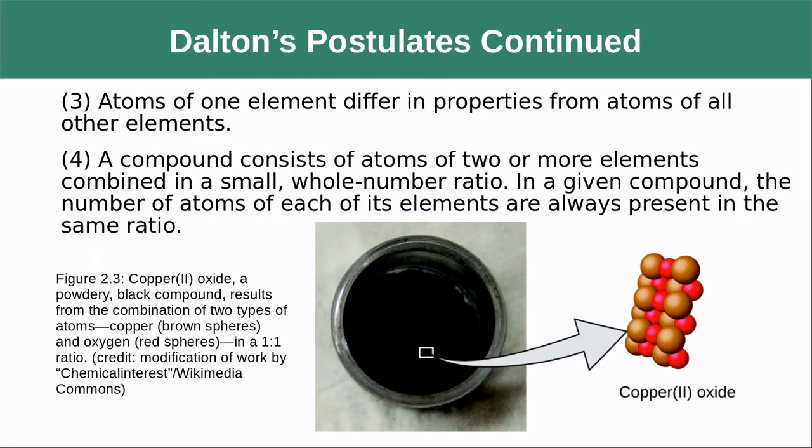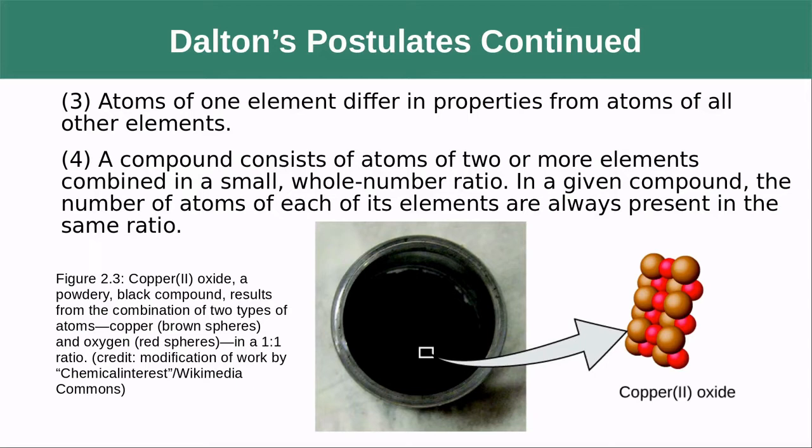His third postulate is that atoms of one element differ in properties from the atoms of all other elements. The fourth is that a compound consists of atoms of 2 or more elements combined in a small whole number ratio. In a given compound, the number of atoms of each of its elements are always present in the same ratio.